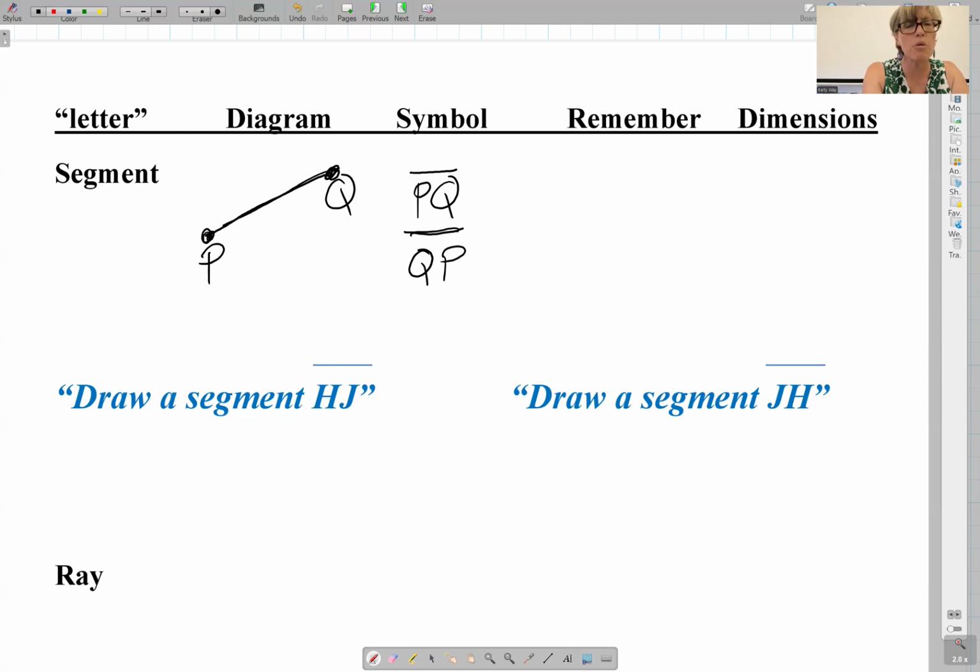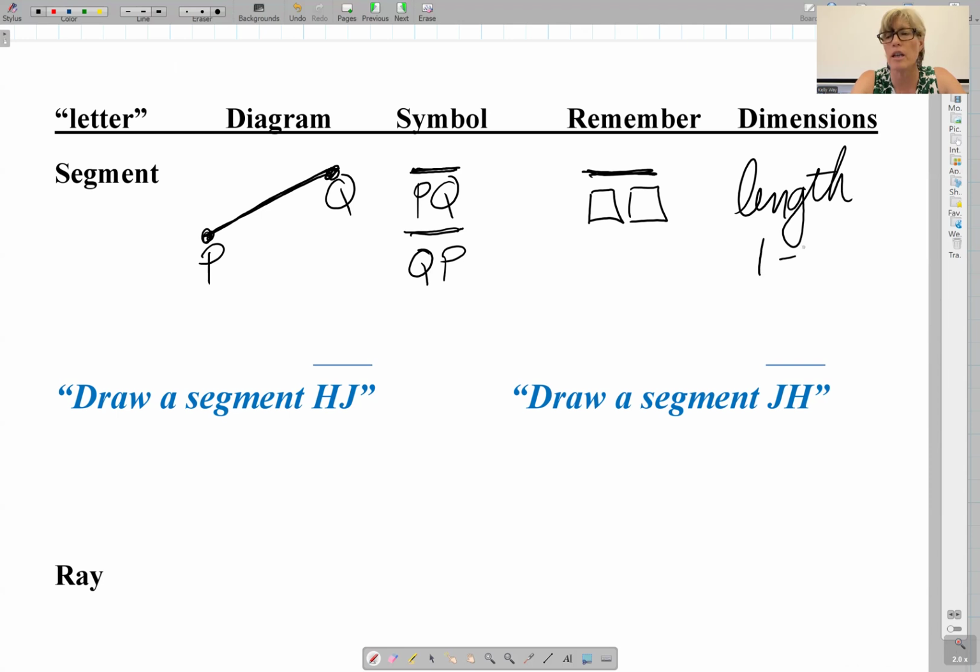Because it's the same both directions, it doesn't matter the letter order. Notice there are no arrows, because it has an end point. For a segment, you must use capital letters with the segment symbol above it. A segment also only has length. So therefore, it is one dimension only.